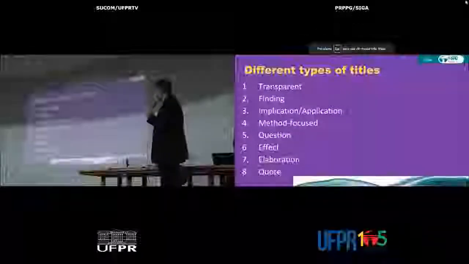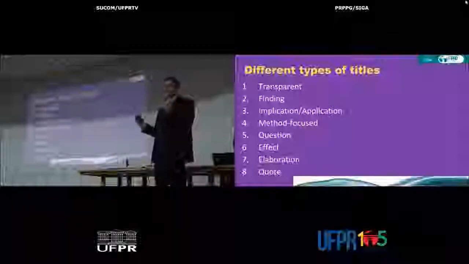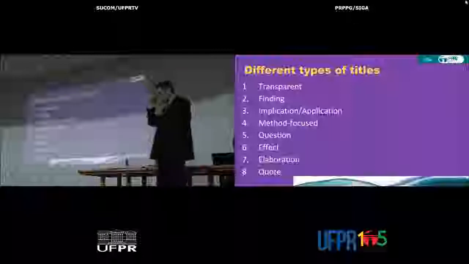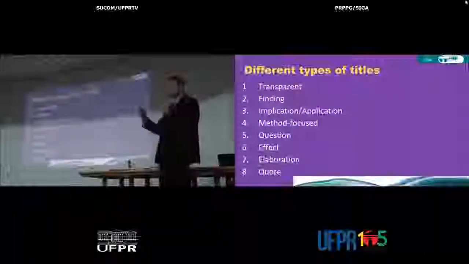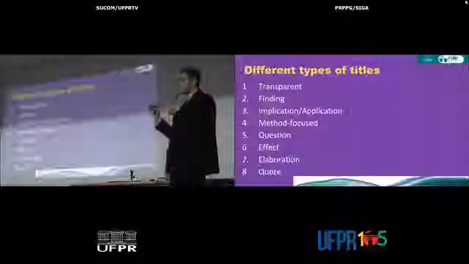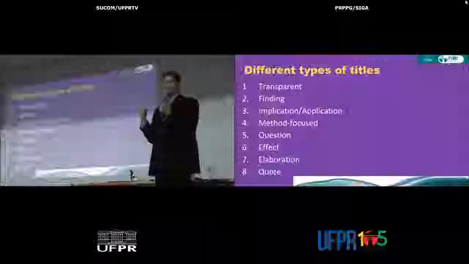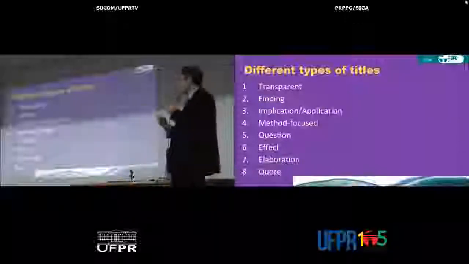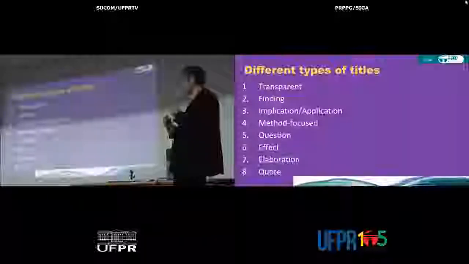Okay, today we'll be looking at these 8 title types. Believe it or not, there are more than 8. Number 1, transparent, meaning sort of your typical Wikipedia title. Number 2, finding, or what you say in Portuguese, achado, a title focusing on a finding. The third one, a title that focuses on implication or application.